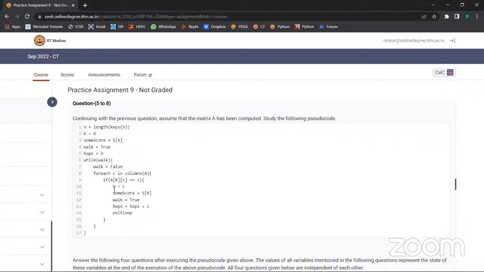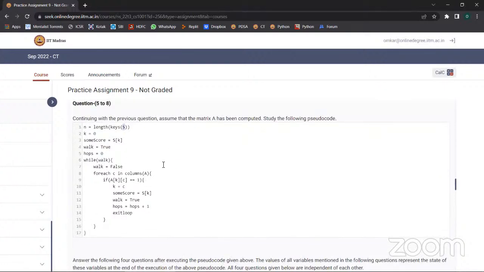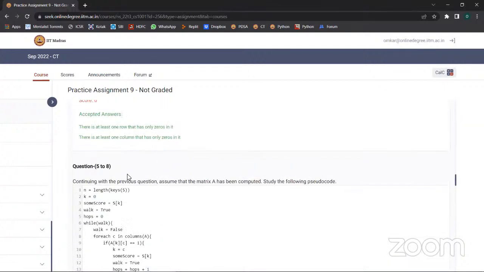Sir, n denotes the number of rows. What is this S? S is the serial number, sir. No, where did S come from?